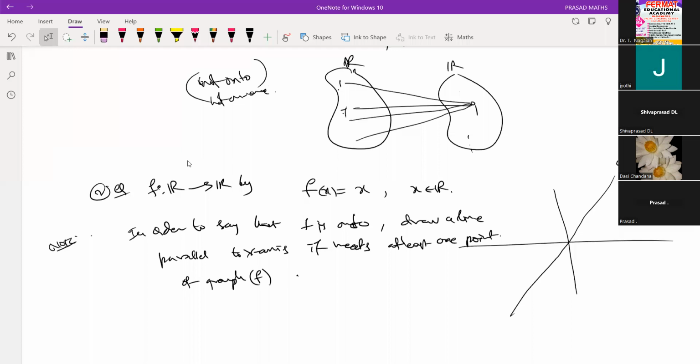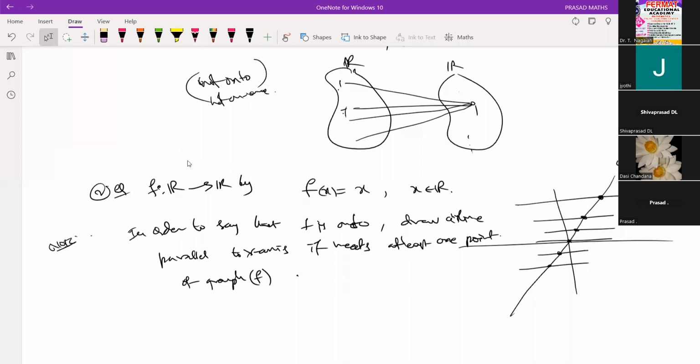So draw any line parallel to the x-axis. If it meets the graph at exactly at least one point, then any line you draw definitely meets at least one point.